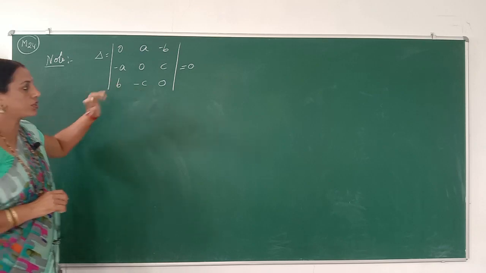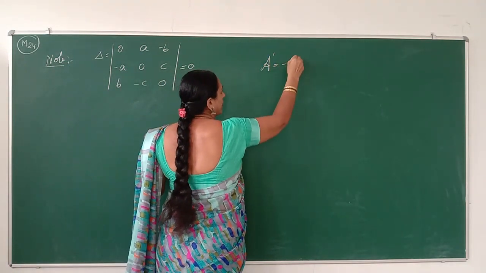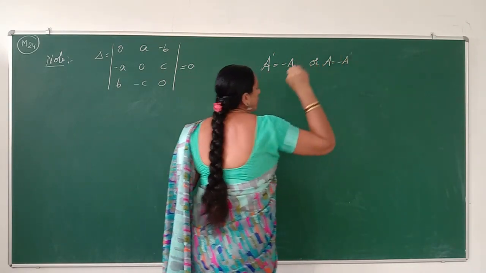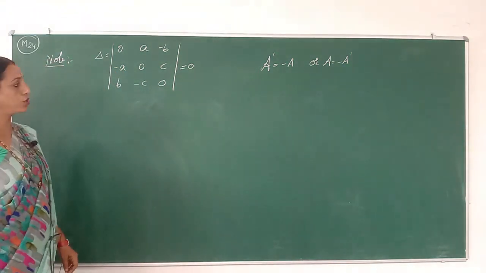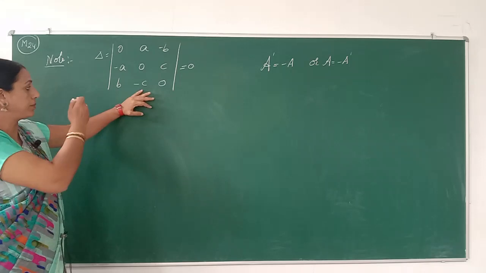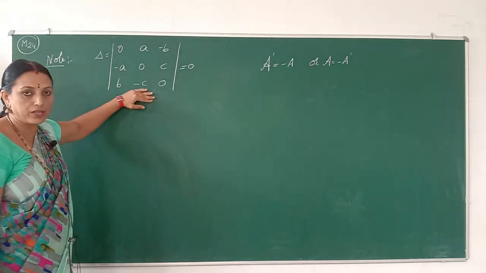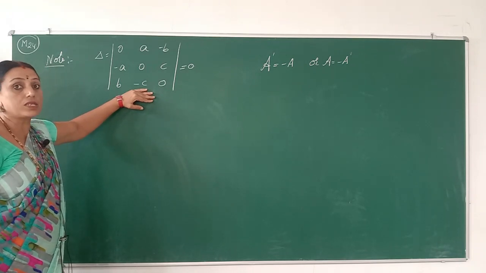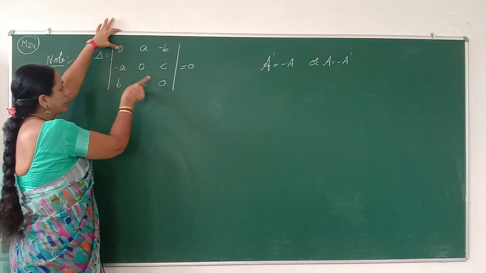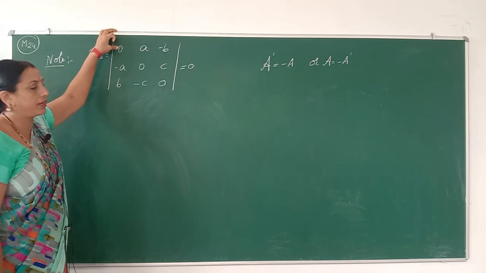So, what is the definition of skew symmetric matrix? Elements of A dash is nothing but minus A, or A is nothing but minus A dash. First we'll observe all the leading diagonal elements, the principal diagonal elements.